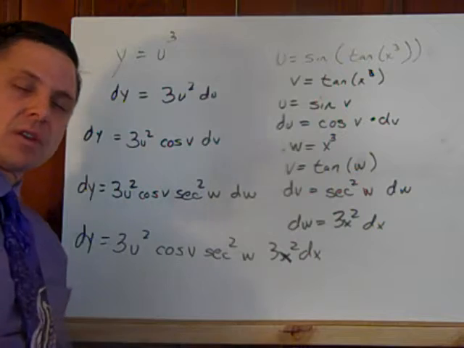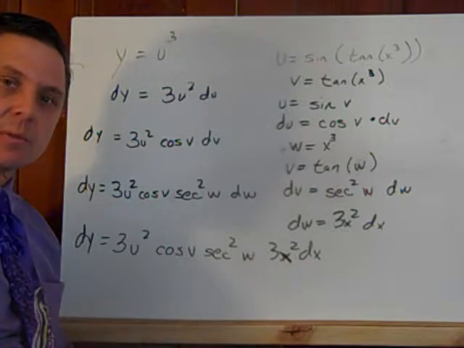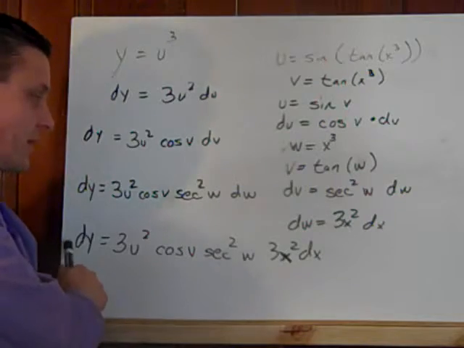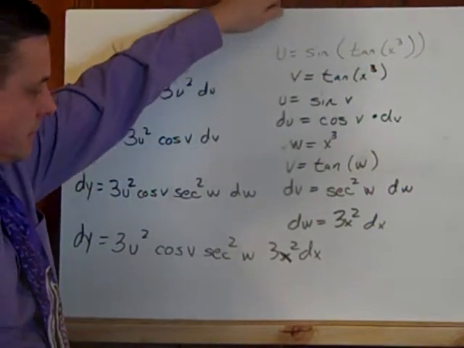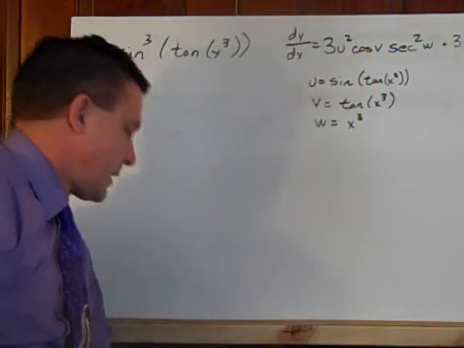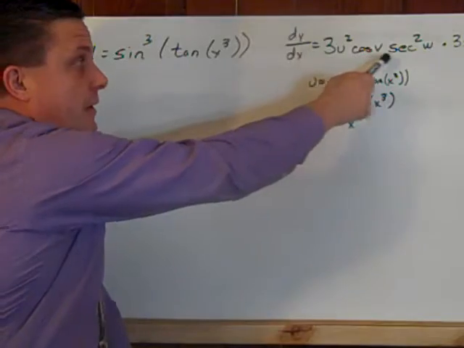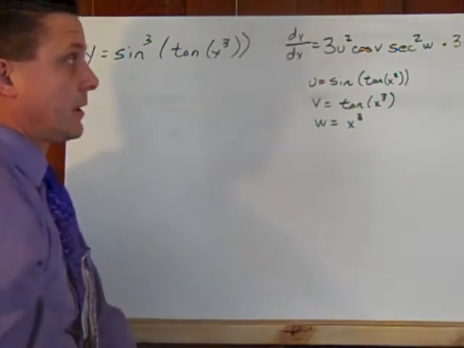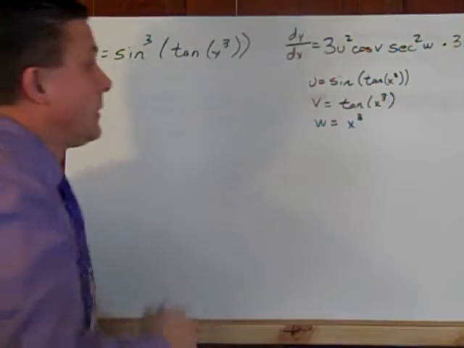And you notice this is one product. The chain rule is going to end up with one product. Now each of these things might be sums, but they'll be one product. So I can write this as dy dx by dividing that. So I'm going to do that in the next board. And write dy dx equals 3u squared cosine v secant squared w times 3x squared. And I know u, v, and w. Alright?